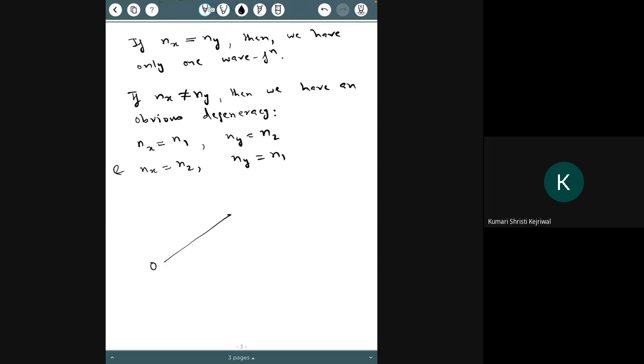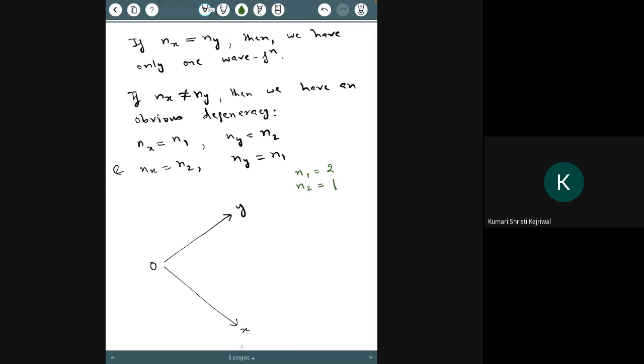So maybe like this, x and y. Okay, and now I'm drawing, so let's say I'm taking n1 equal to 2 and n2 equal to 1.